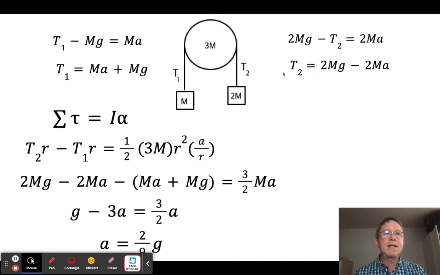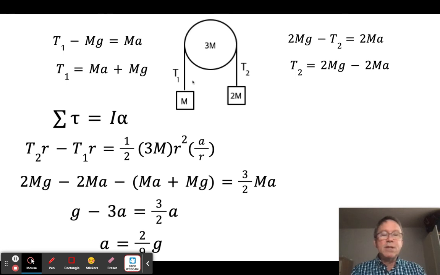Now I have to do this because I need to talk about the rotation. It's the sum of the torques that's going to make this rotate. So T2r minus T1r is what's going to cause this to I alpha. The sum of the torques equals I alpha.